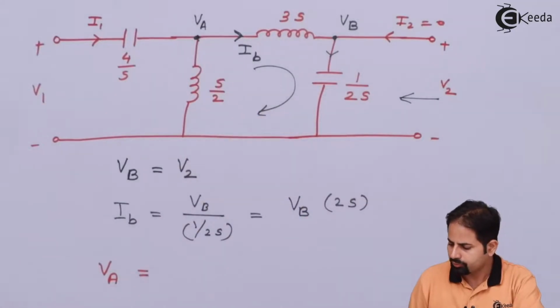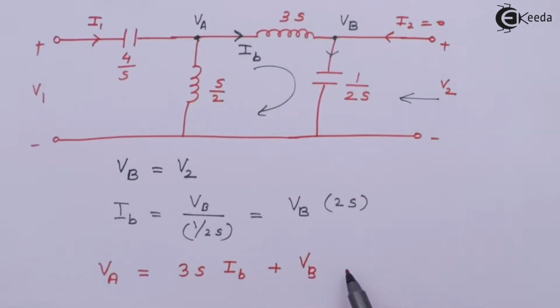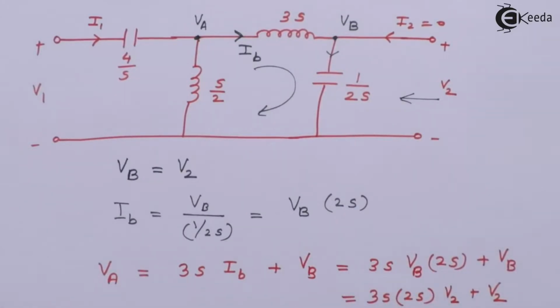Here 3s and 2s can be multiplied, it will become 6s square, and this VB is replaced with V2, here also, because VB is equal to V2.